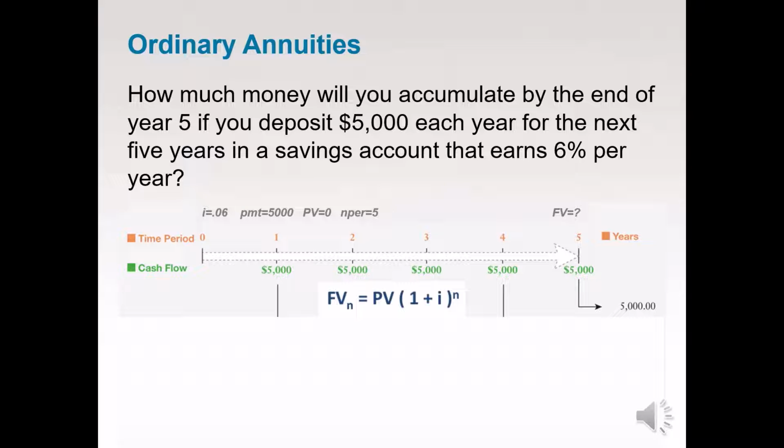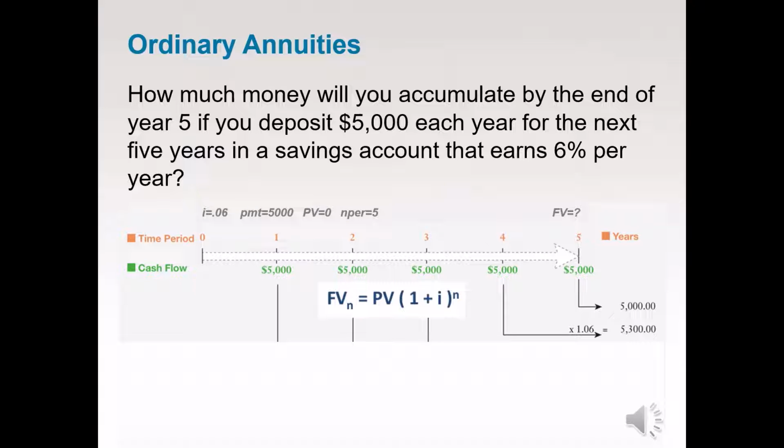So now let's look at year 4's annuity of $5,000. If we were to calculate the future value of the annuity that was deposited into the bank on year 4, it would compound interest for one period, for 1 year.